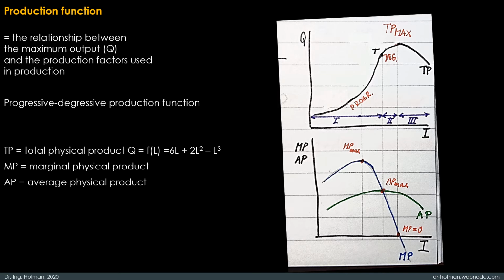From the inflection point to TP max, the firm is experiencing positive but decreasing marginal returns to the variable input.